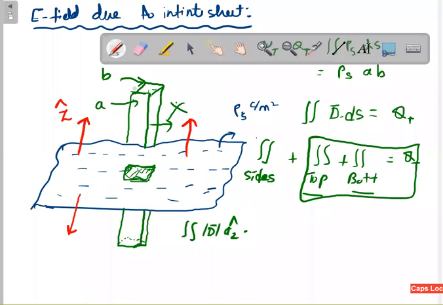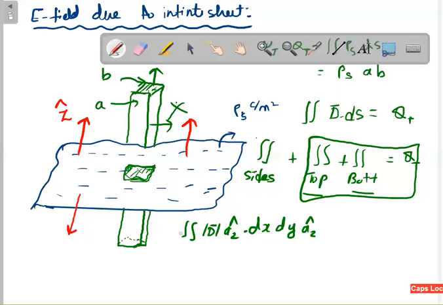What is the dS for the top one? The variation is in x and y, because you are at some height. The variation is only in x or y, so again dx dy. But what is the vector? Once you take a surface like this, definitely the vector will be like this only. Again, the vector is a_z cap.